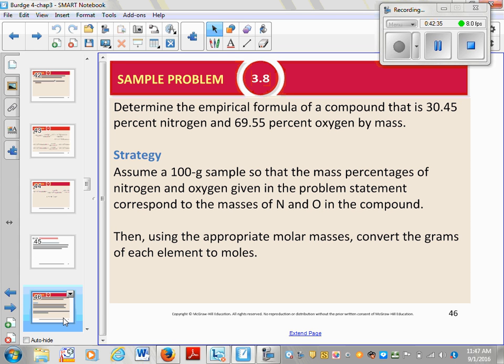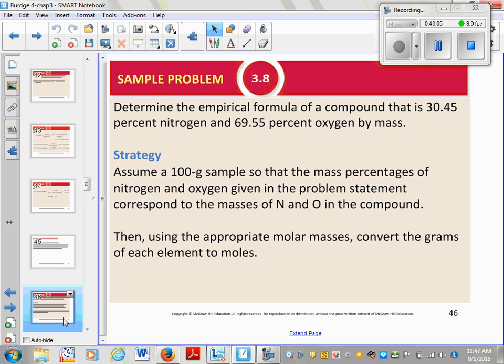Well, the way to do this is assume you have 100 grams of sample. So if I have 100 grams of the sample, how much of it is nitrogen? 30.45%. Yeah, but how many grams is that? 30.45 grams. So how much oxygen do I have? 69.55 grams.